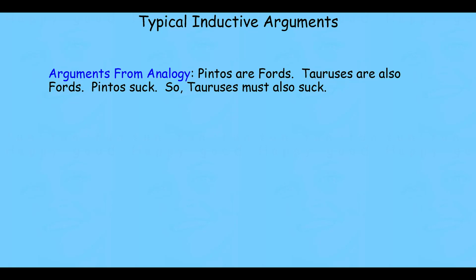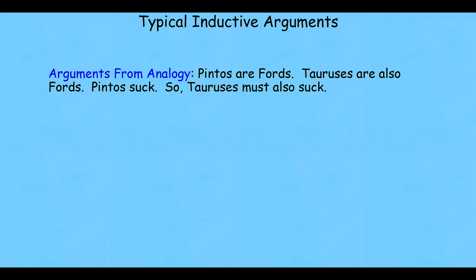Now this inference, while it may make our conclusion more likely to be true than by chance or than it was prior to our making this inference, it's not guaranteed to be true. So Pintos are manufactured by the Ford Motor Company, and the 1967 Fastback Shelby Mustang was manufactured by the Ford Motor Company.